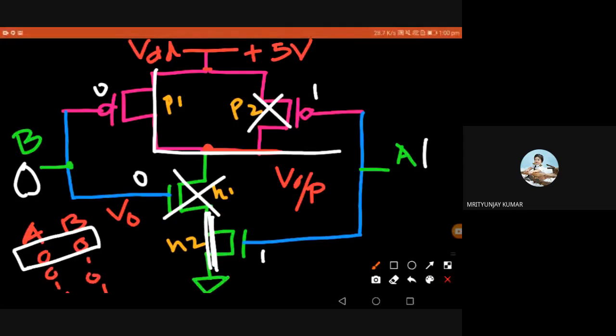V output is fully disconnected from the ground because N1 is off, but VDD is fully short circuited to V output because P1 is on. So we can say V output is still high. At 0 0 it is high, 0 1 it is high, 1 0 it is also high. The last condition is 1 1. We are checking condition 1 1. What will happen when both are 1?